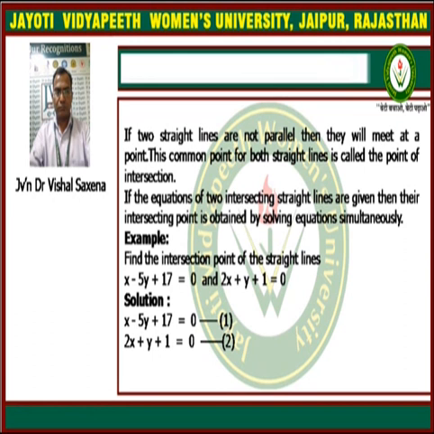Now equation 1 and equation 2 have the same term of x, 2x and 2x. Then we subtract equation 1 from equation 2, x is cancelled out and y can be calculated. Once y is obtained, we can put the value of y in either equation to find the value of x.